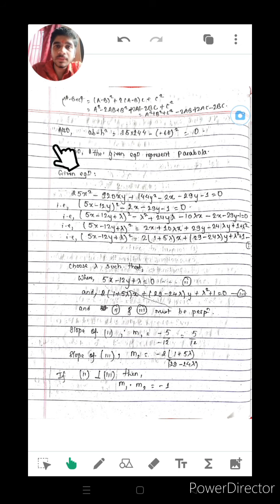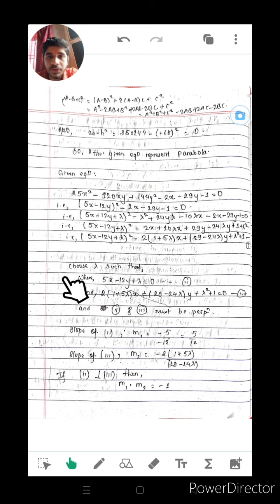So from this formula we are solving this, we get this, and after solving and combining x on one side and y on the other side, we get this.